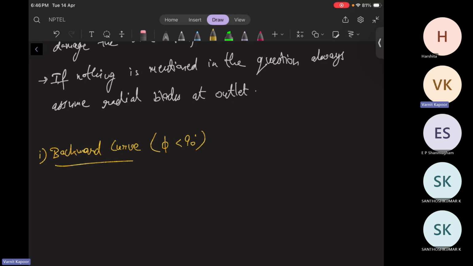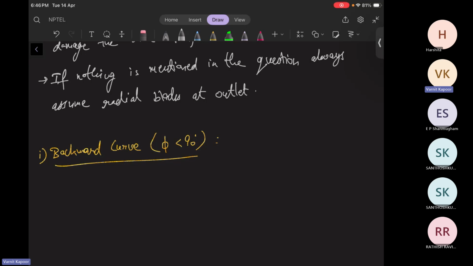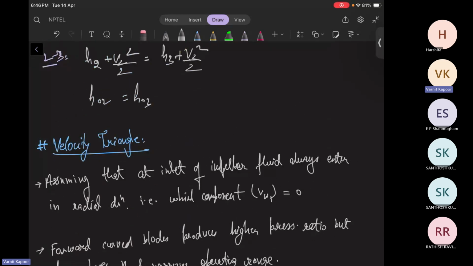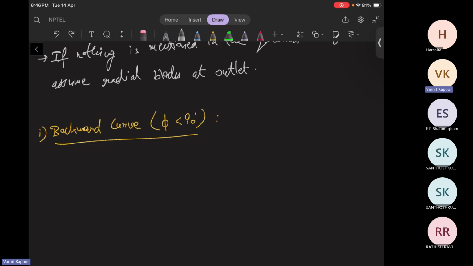For the inlet, I have already told you to assume that the whirl component is 0. So how will it look at the inlet? Let me also make the diagram for the inlet. Suppose you have a vane like this.